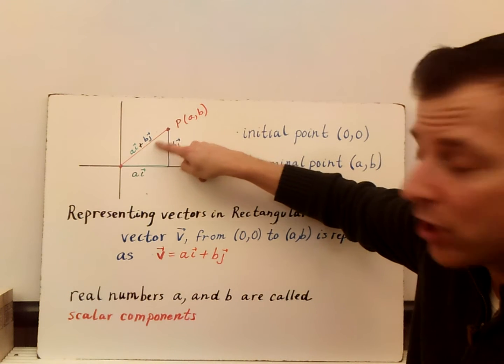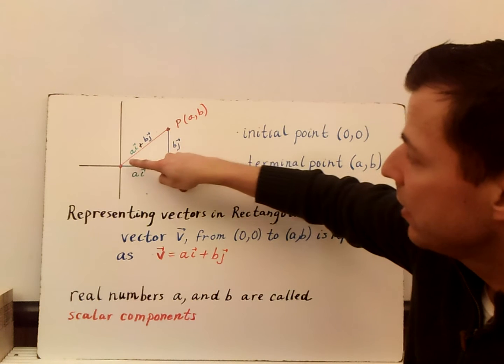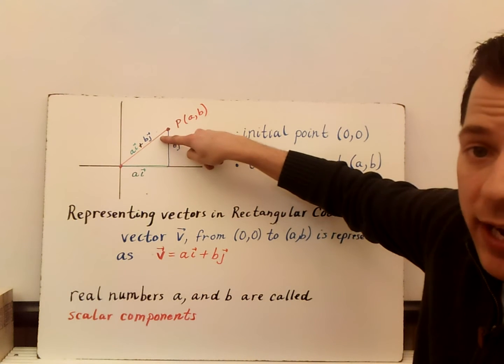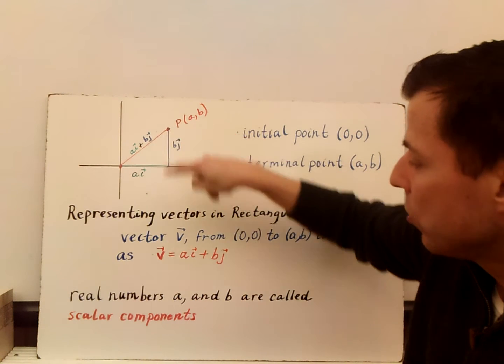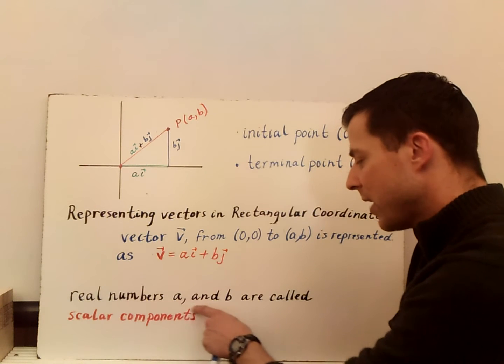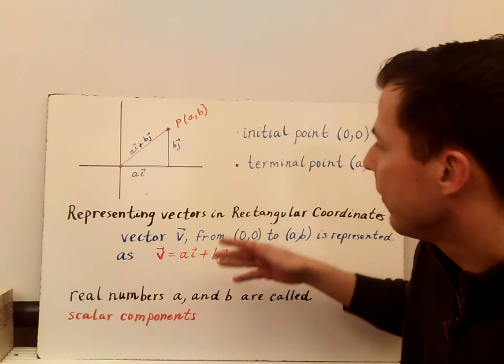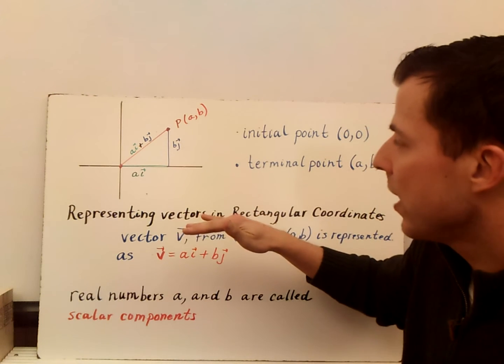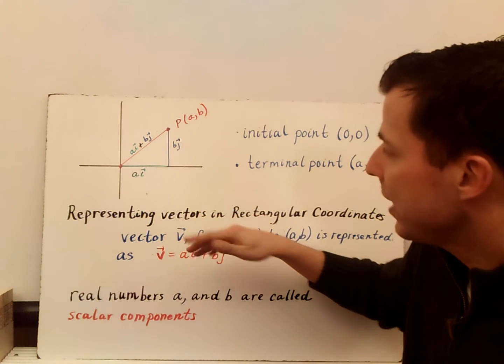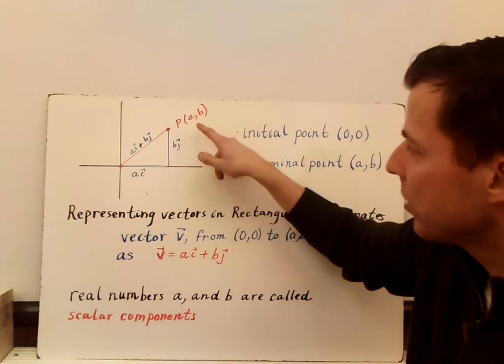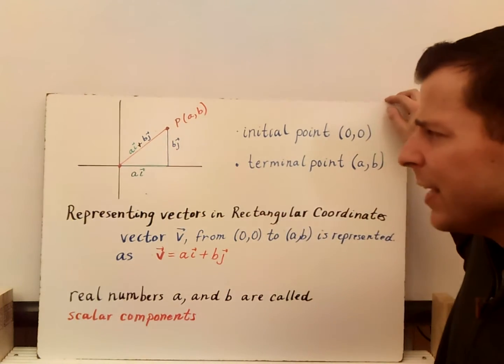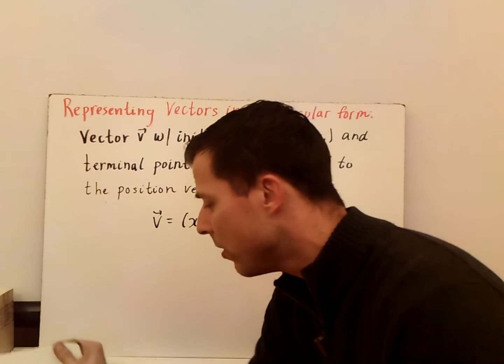It's almost like that triangular method. a, then b, and there's the combination of ai plus bj, that point right there. Real numbers a and b are called scalar components, and I've already mentioned that to you. So this is how we can write vectors as linear combinations. So there's the picture I wanted to show you. Now let's look at some examples in a moment.